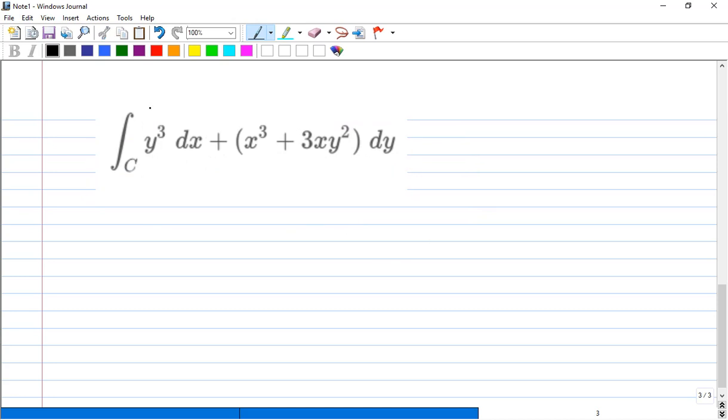So you can see we have an M here and an N here. This is 15.4, and it's all about Green's theorem.